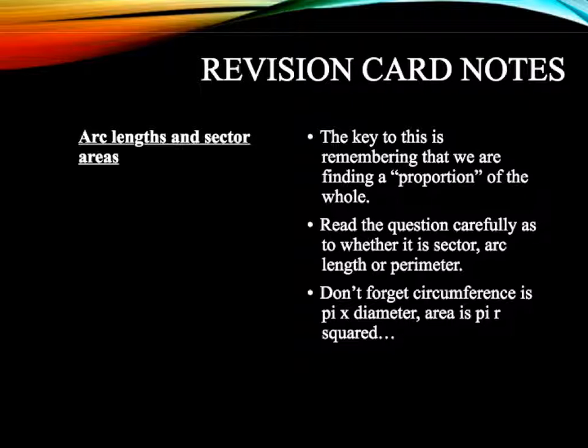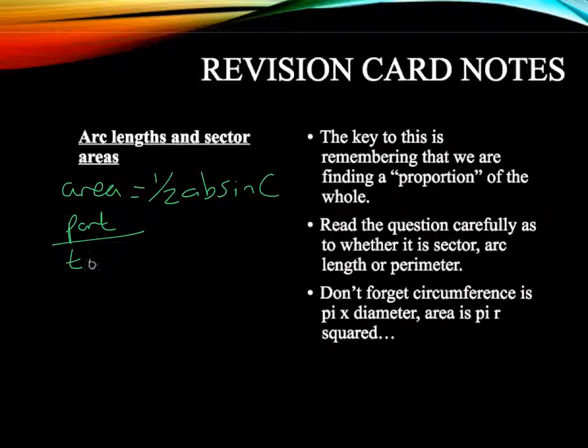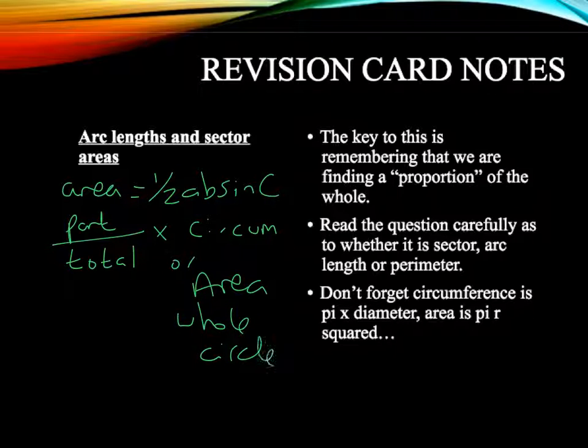The triangle work that you might be asked to do is the area is a half AB sine C. We're also looking at the proportion, the part of the angle that you're looking at out of the total, and we might be multiplying that either by the circumference or the area of the whole circle. Okay, it's as simple as that.